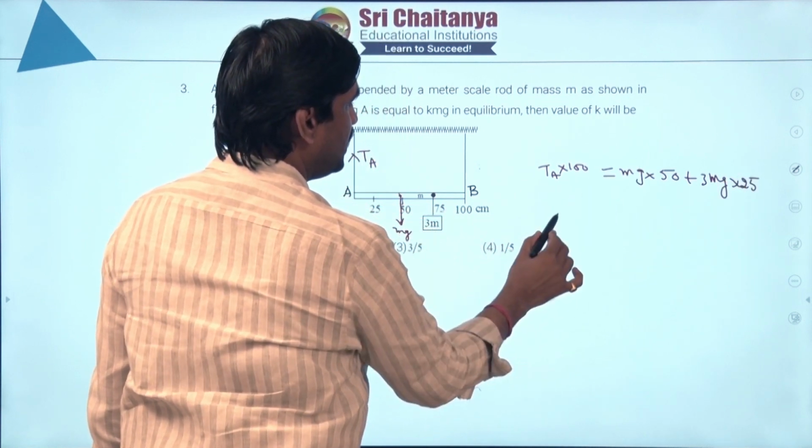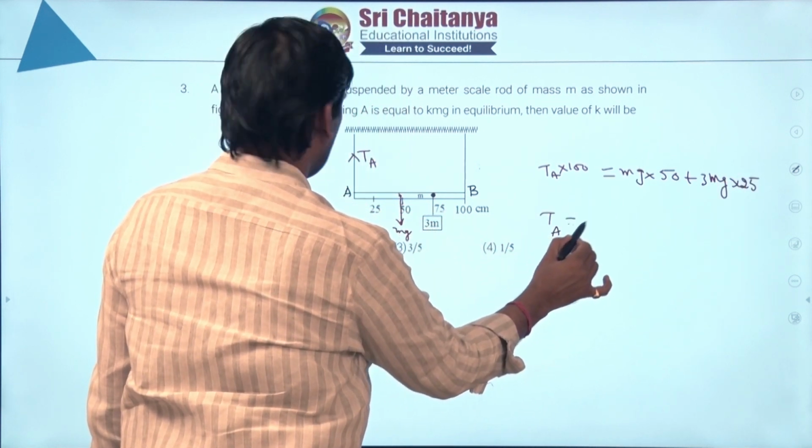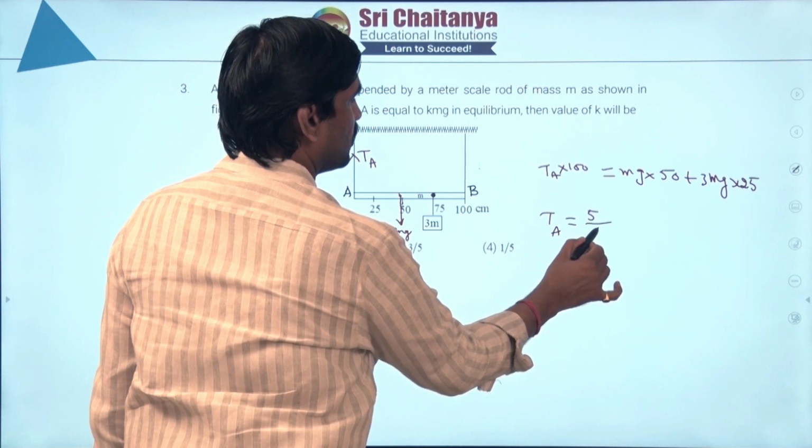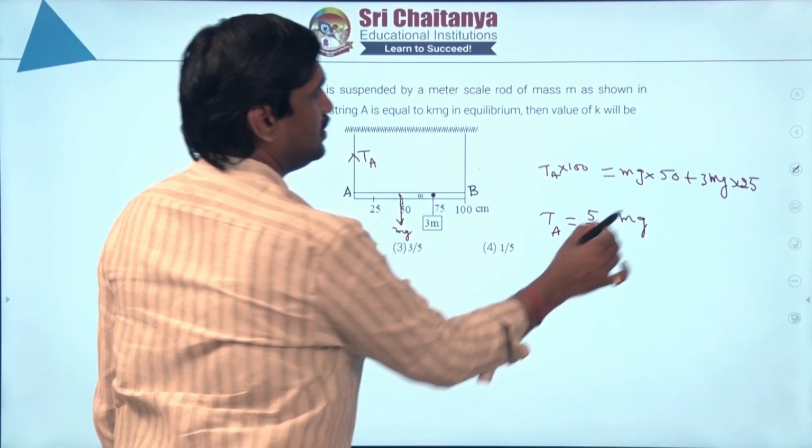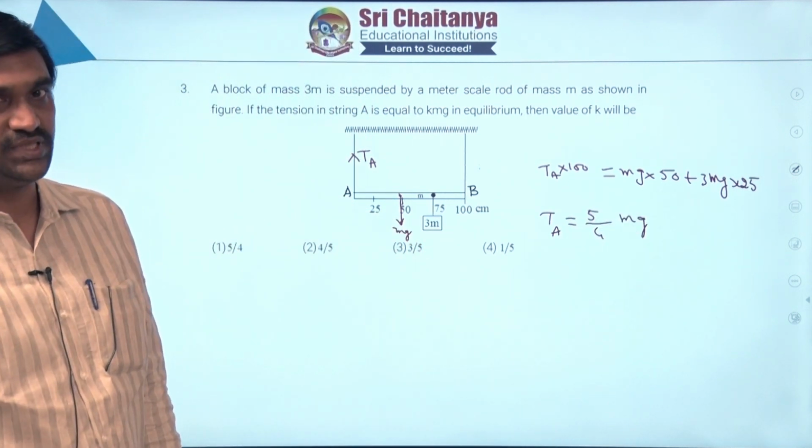Now by calculating you will get TA is equal to 5 by 4 mg.